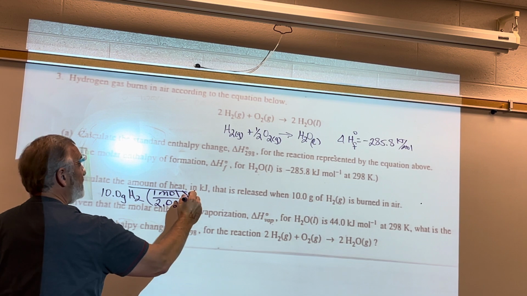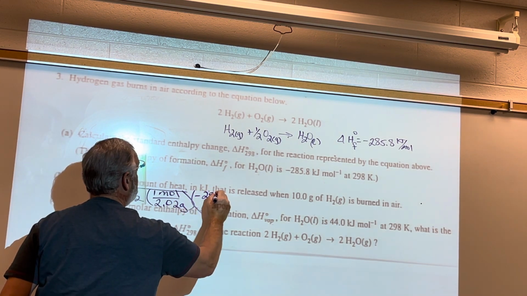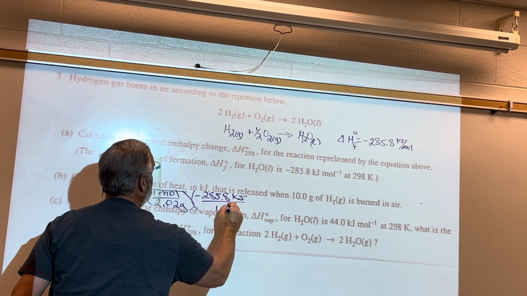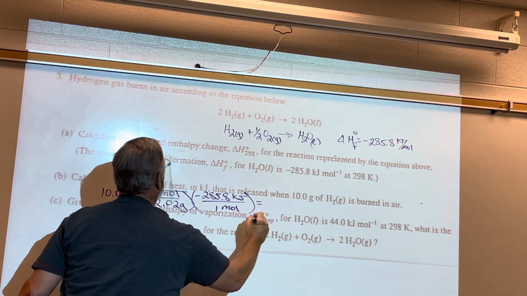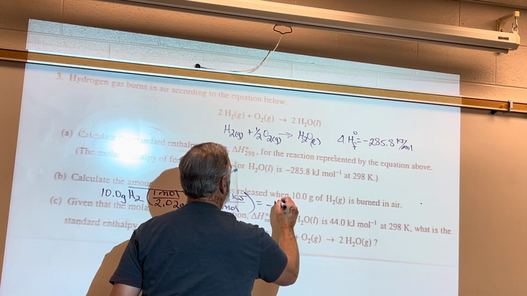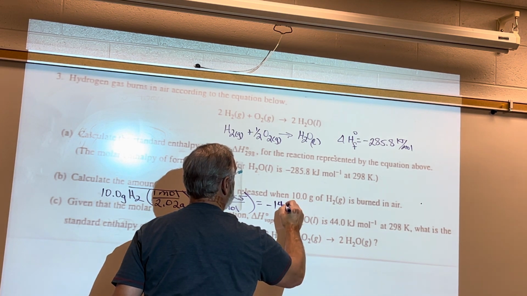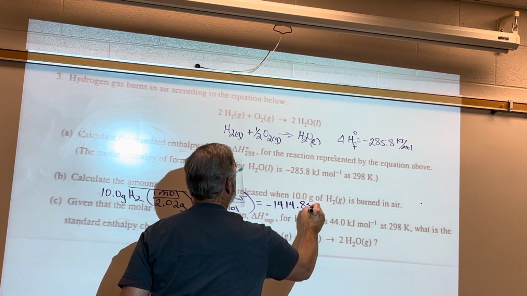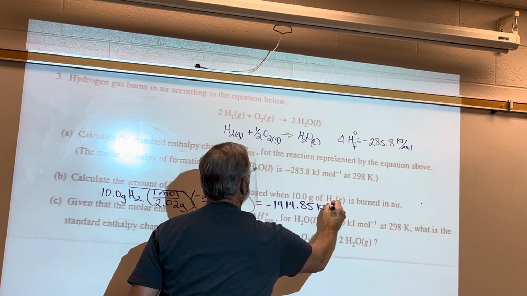Now I can use my negative 285.8 kilojoules over 1 mole. And all that comes out to basically 5 times 285, which is 1,414.85 kilojoules, but now let's talk sig figs.